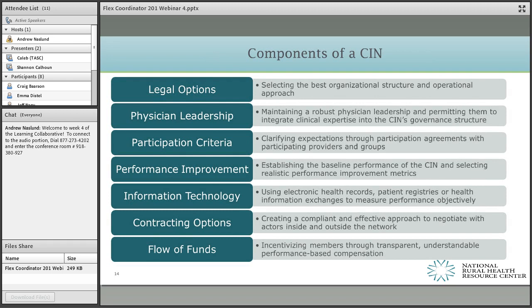So the components of a clinically integrated network are very similar also with the ACOs. You may recognize this. The first, of course, is legal options. If you're forming an entity with a new tax ID number, you really need to figure out what the operations are going to be, what the actual organizational structure is going to be.